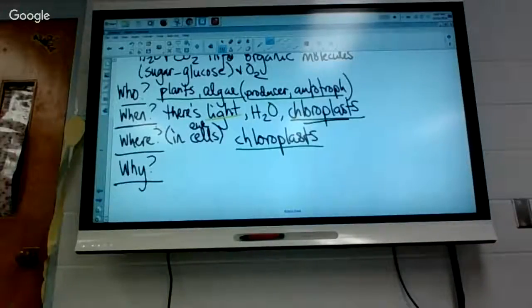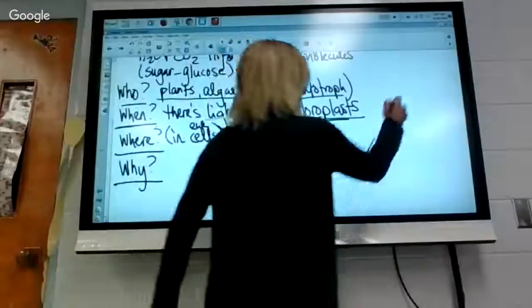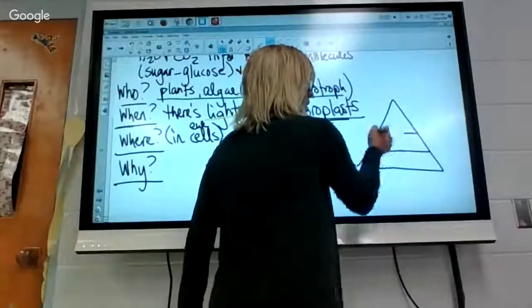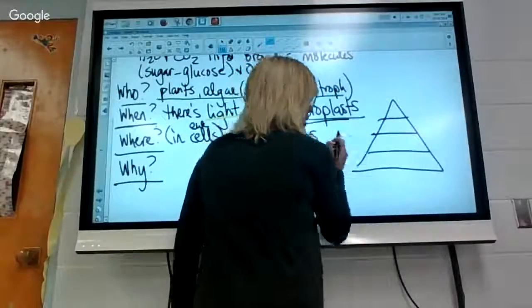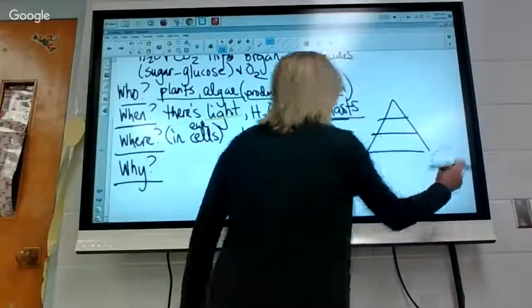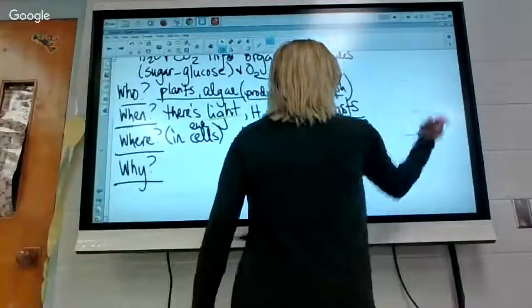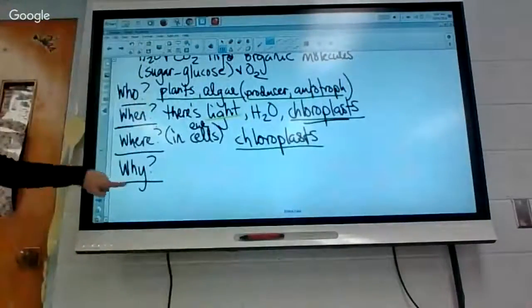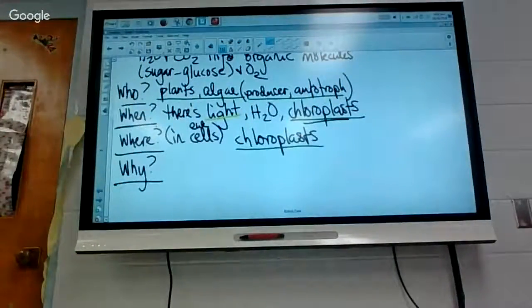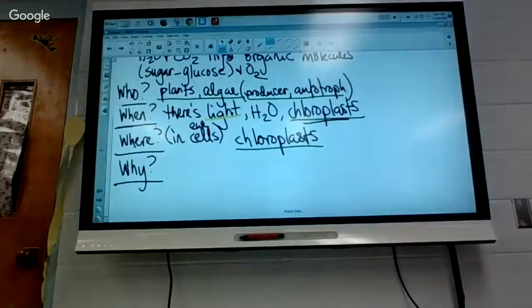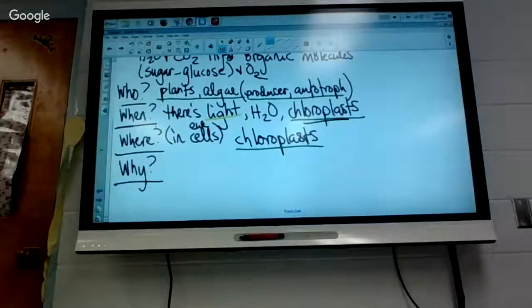They won't have that much energy. You remember who's at the bottom of all these energy pyramids. So if you get rid of them, it all collapses, right? So tell me the opposite now. Why is photosynthesis important? Because it provides what? Food.